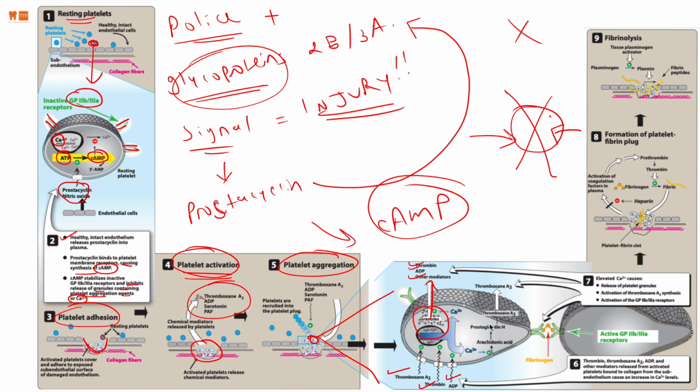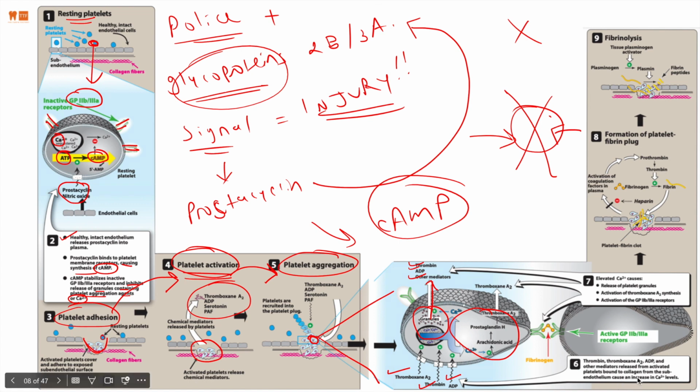So essentially, this process with arachidonic acid, prostaglandin H, thromboxane A2, leading to the thrombin, and so on and so forth, basically all it does is conversion of an adhered platelet to an activated platelet to an aggregated platelet. That's what happens.